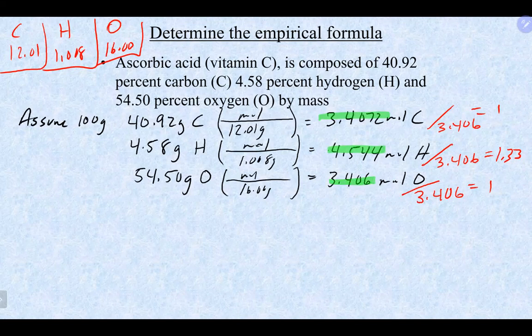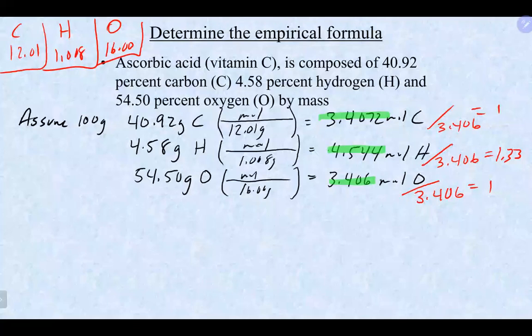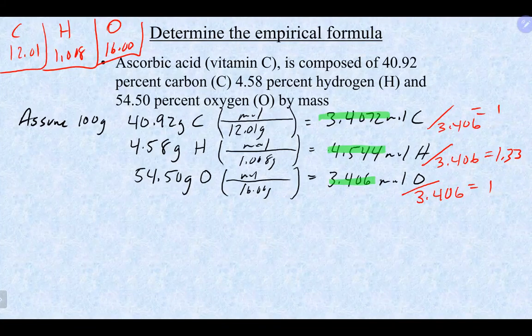In this case, that was just barely the smallest number, 3.406 versus 3.407. Once you convert into moles, that's definitely what you want to look at, and whichever one's the smallest, everybody gets divided by the smallest number of moles.